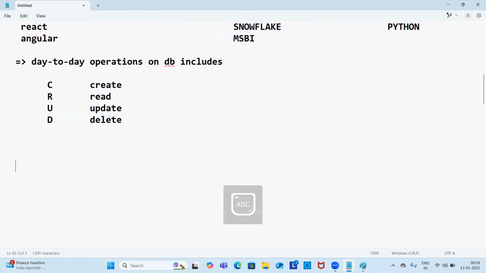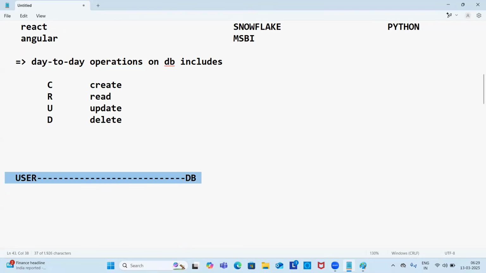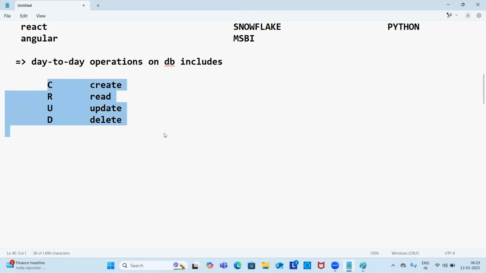But you don't directly work with the database. You don't directly go to the database to store or update the data. You take the help of a software to work with the database. Working with the database means storing, reading, updating, deleting like this. That software is called DBMS.